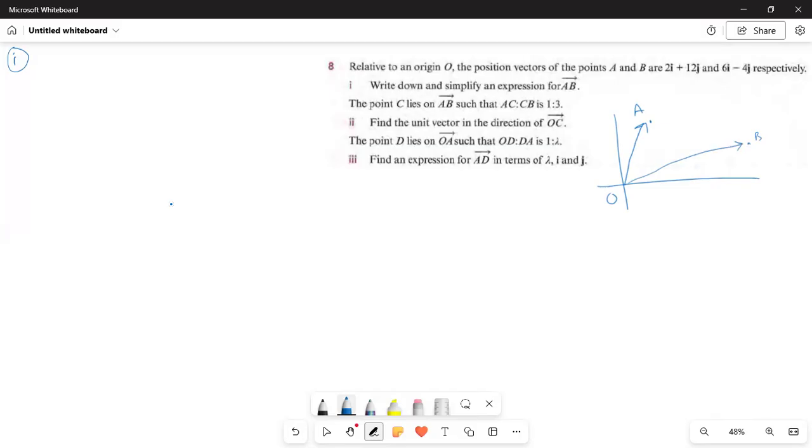The position vectors for the points: OA is given as 2i plus 12j, and OB is given as 6i minus 4j.